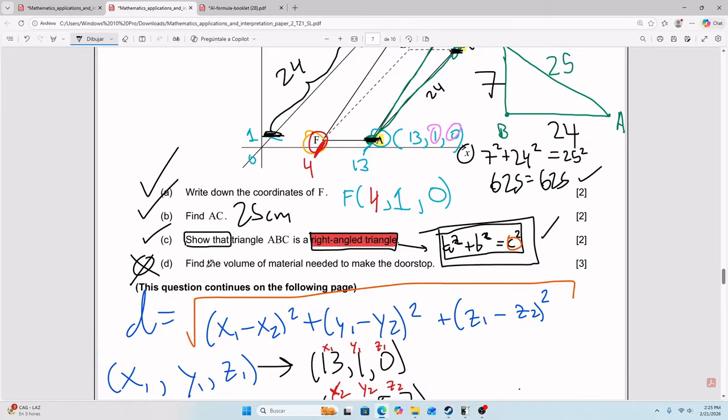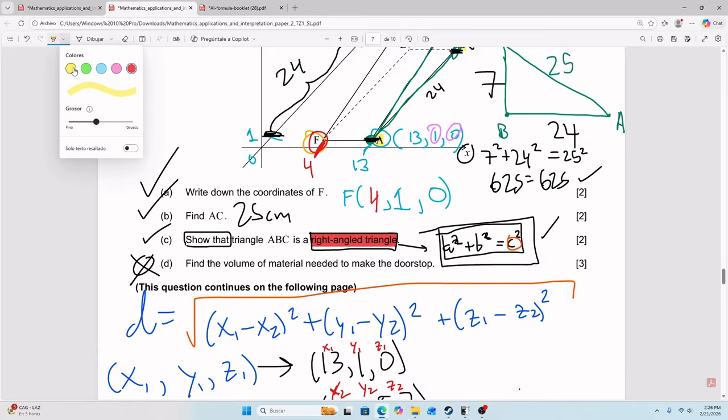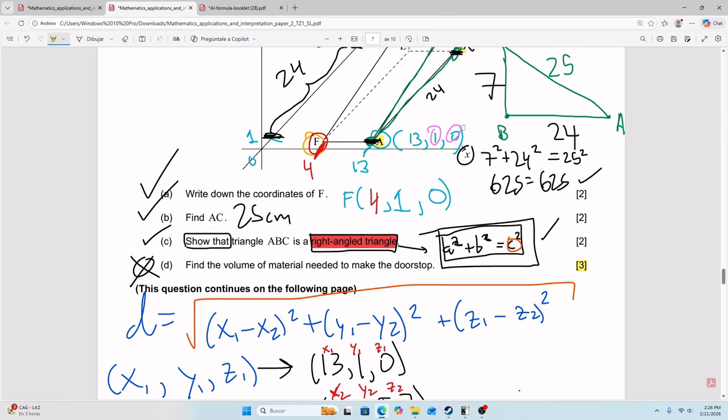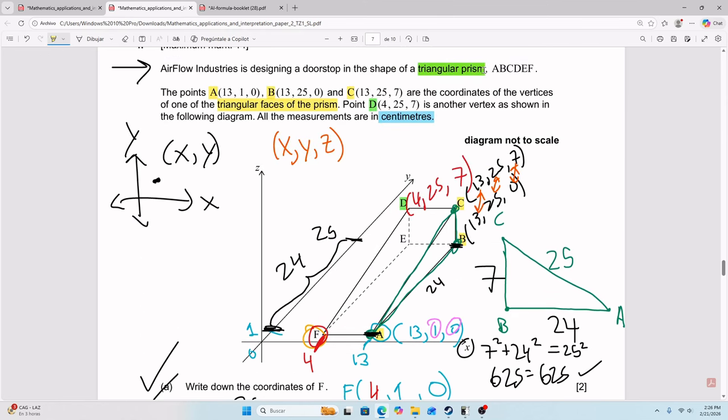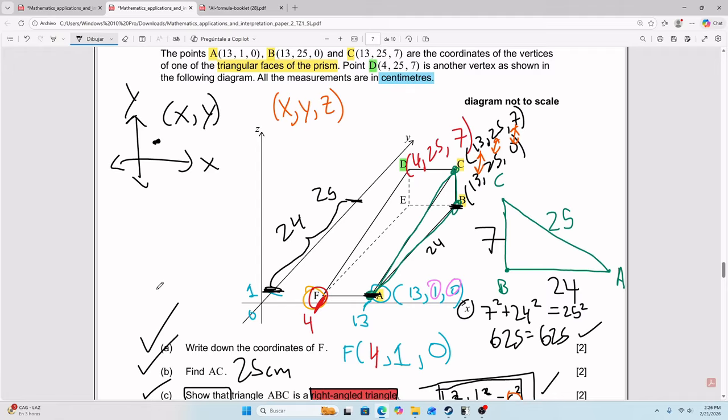And then part D, we have find the volume of material needed to make the door stop. Part D is worth 3 points because it's challenging you a lot to understand the concept of a triangular prism. Remember how at the start I mentioned that to form a triangular prism, you draw a triangle and then you take it and extend it to the side.